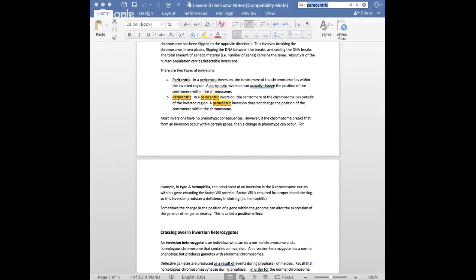And then for G, when a translocation cross is formed, the alternate segregation pattern can produce viable gametes and offspring. And we can actually see this in the notes here.